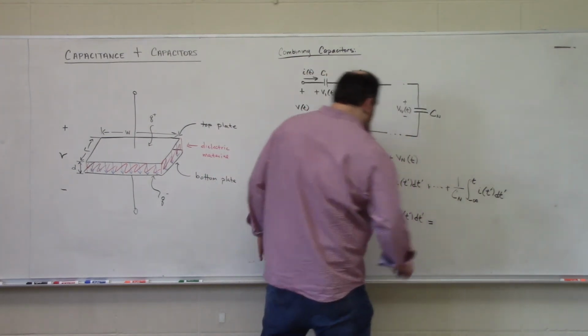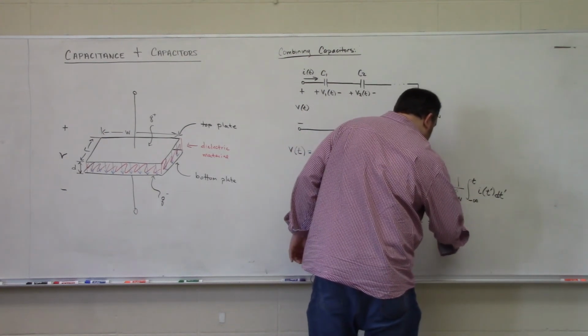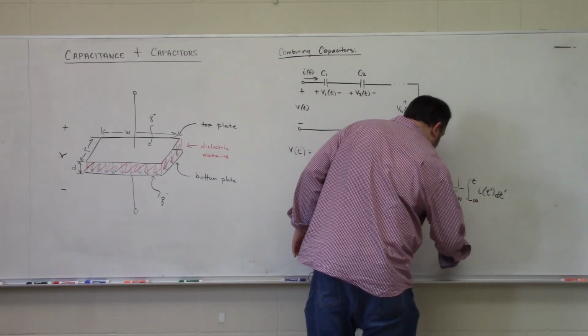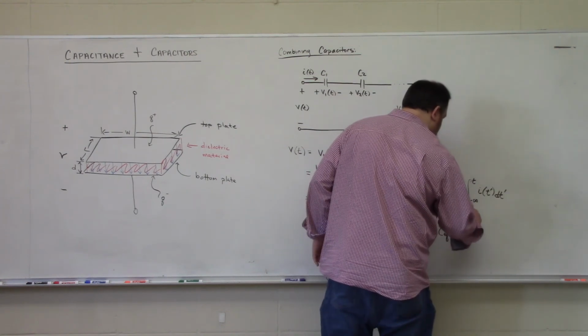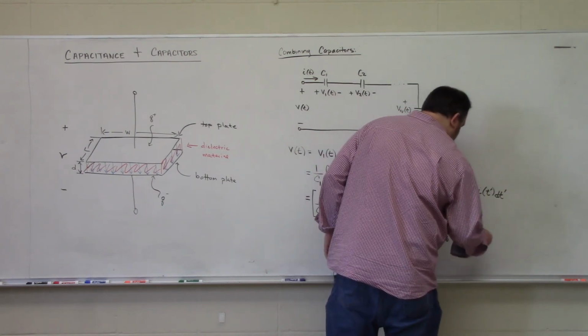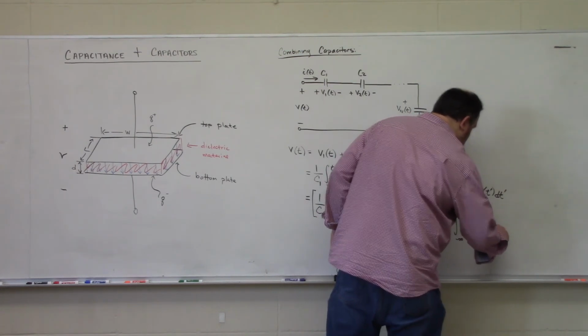And this looks like an equivalent capacitance: 1 over Ceq, integral from negative infinity to t of I of t prime dt prime.